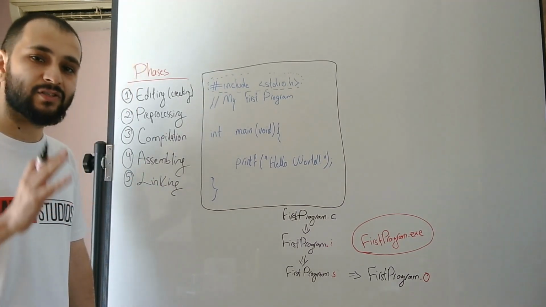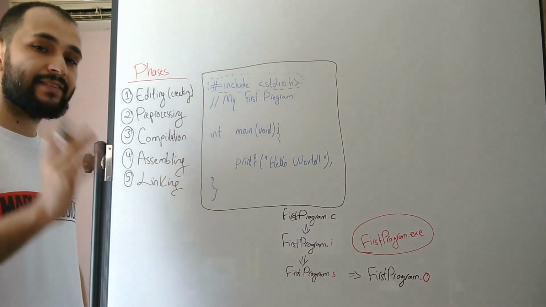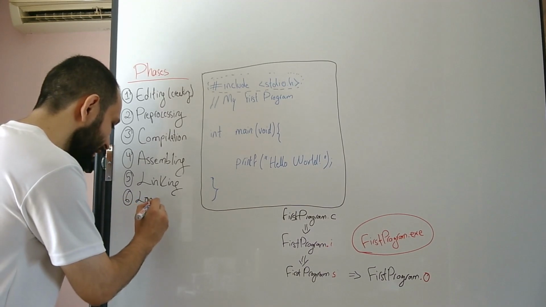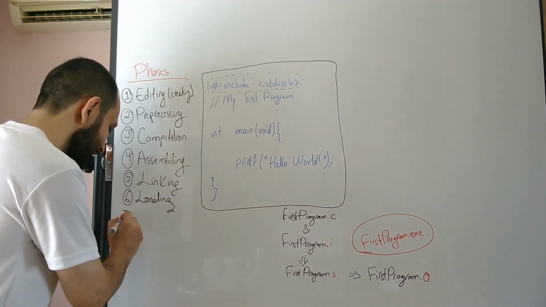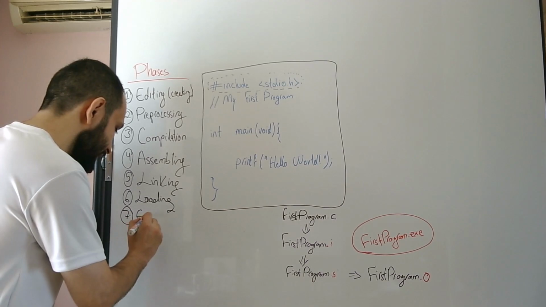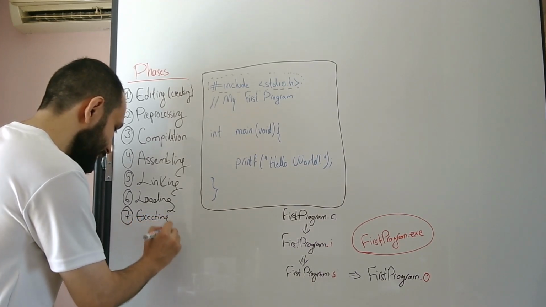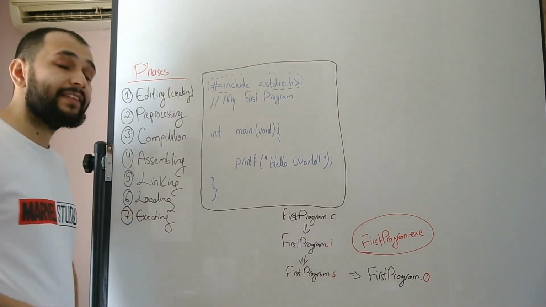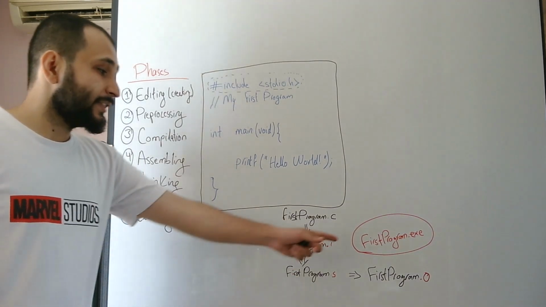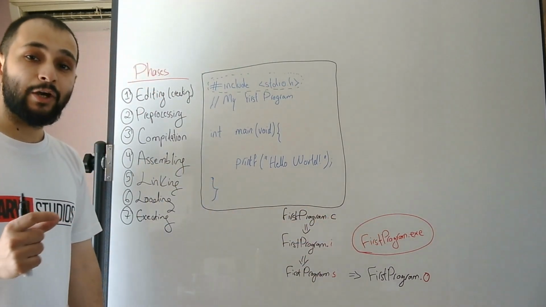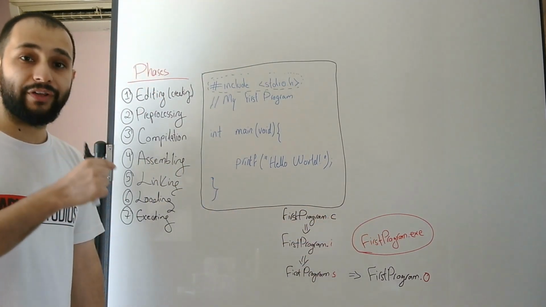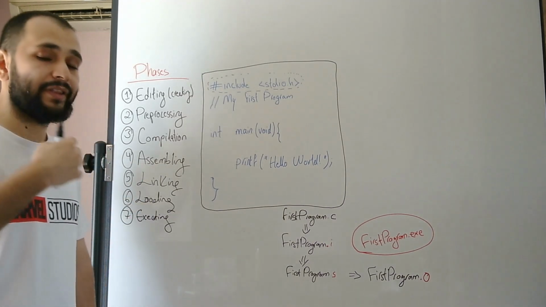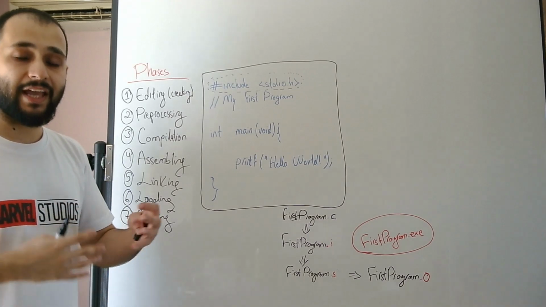So the next two phases are going to be the loading and executing of this program. So let me write down loading and executing this program. Basically, in the loading phase, the first program.exe file, which has been stored on the hard disk of our computer, is going to be loaded in the memory or the RAM of the computer so that it can be executed.